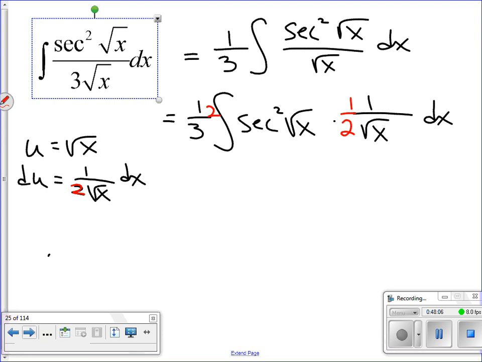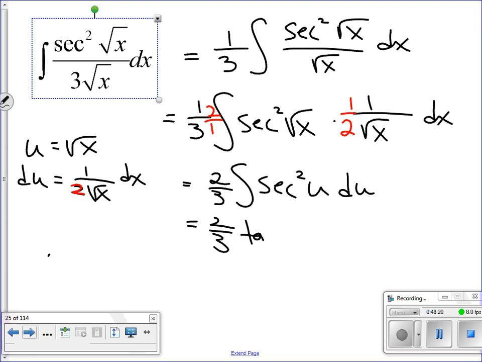So you need to multiply by 2 over 1 on the outside. So we get 2/3 the antiderivative of secant squared u du, which equals 2/3 the tan of u. Converted back, our final answer is 2/3 times the tan of rad x plus c.